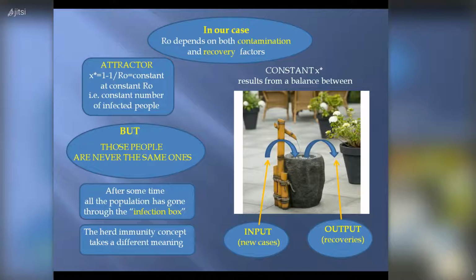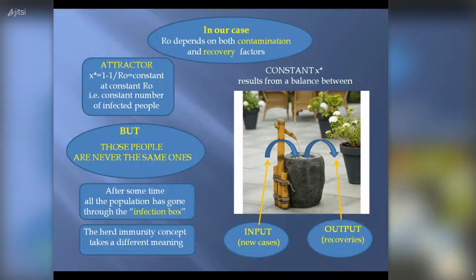And this can be illustrated by this bucket here, where the bucket is fed by an input of water, and the water may overflow on the other side, which is the output. And speaking of epidemics, the input is the new cases, the flux of new cases in the infection box, I should say, and the output is the flux, the recovery rate.